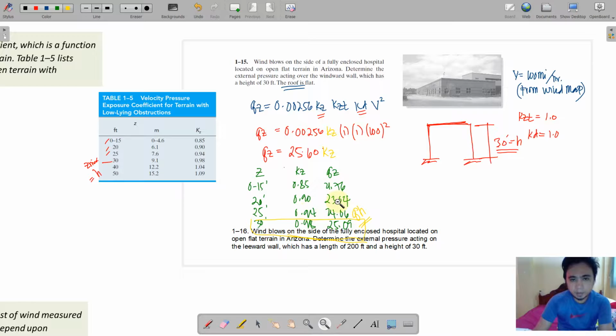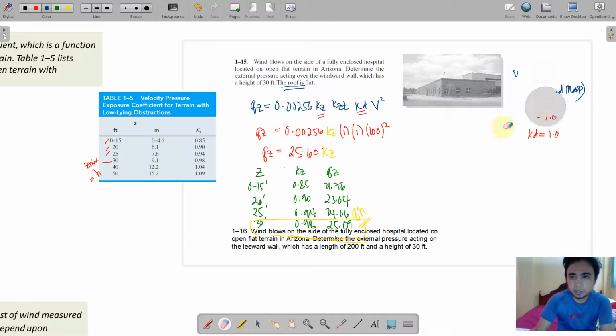So, now, we will have the pressure computation. We'll just erase this for a while.